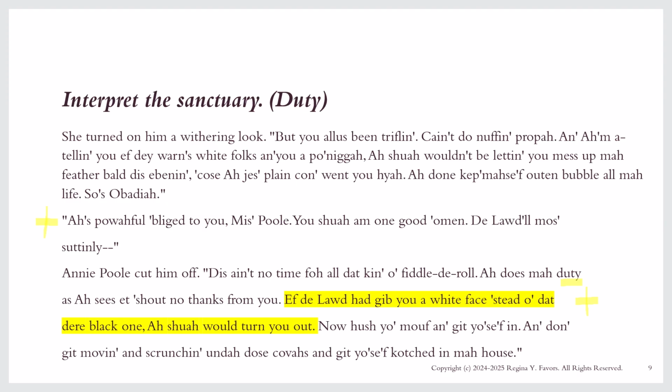So she's suggesting that she doesn't have a duty to a white face. White folks would be white folks. The fact that he has a black face gives him more of an advantage with her, so she goes on ahead and allows him sanctuary in her house. He has more sanctuary because of his black face than his white face. If he was a white person, she would have to turn him out.